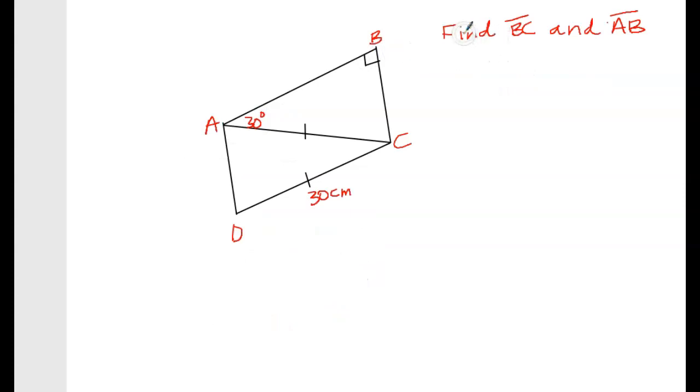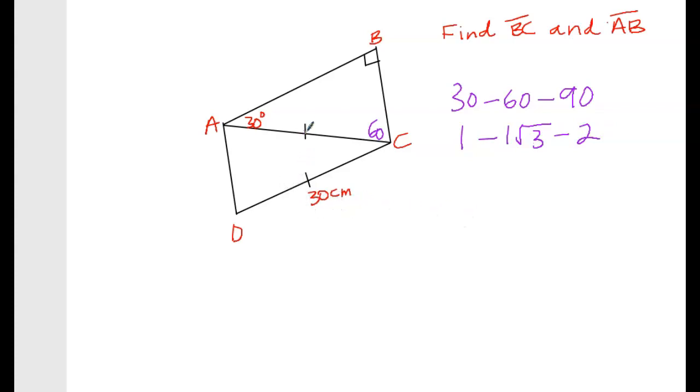So let's look at this last example here. We have this parallelogram here, and now we want to find BC, which happens to be here, and AB, which is here. So here we see 30 here, and this symbol represents 90. So here is 60. If that is the case, this is a special right triangle, which is 30, 60, 90, and it comes out with a ratio 1, root 3, 2.